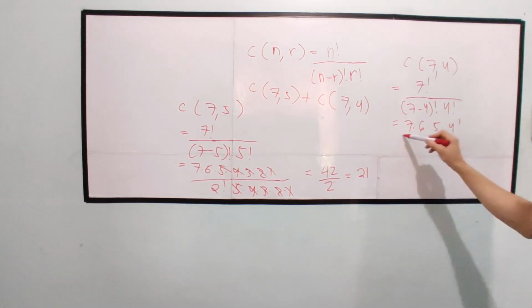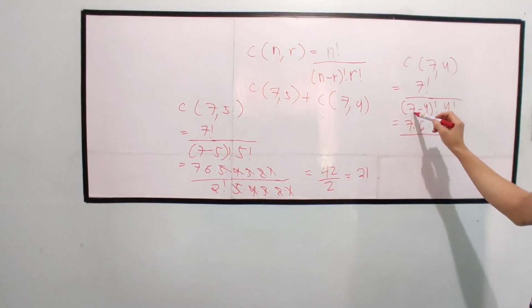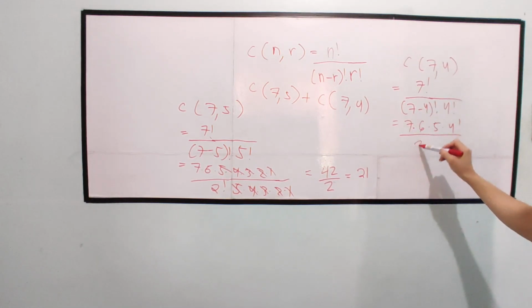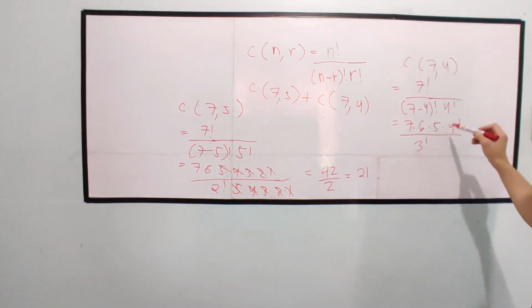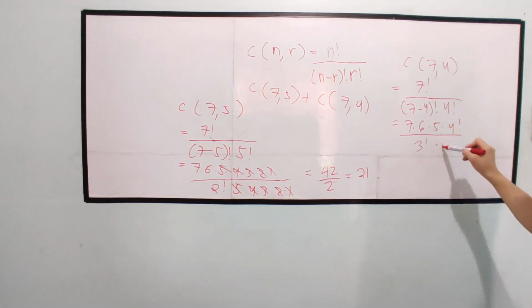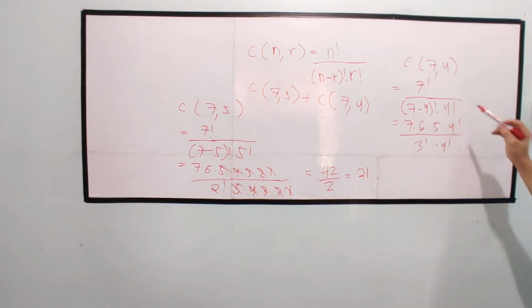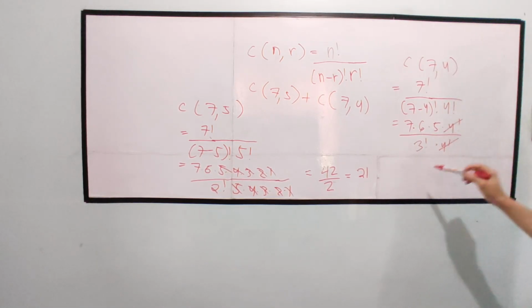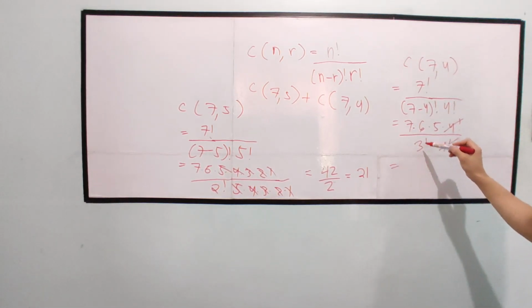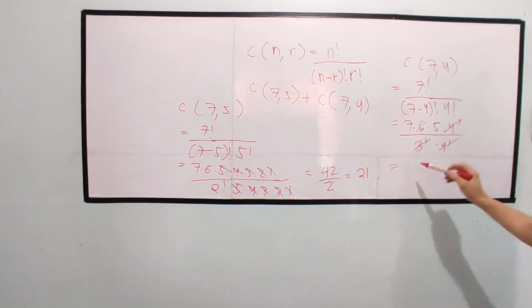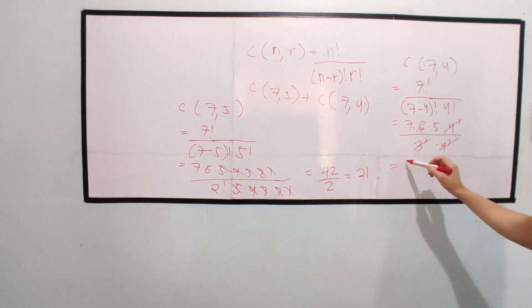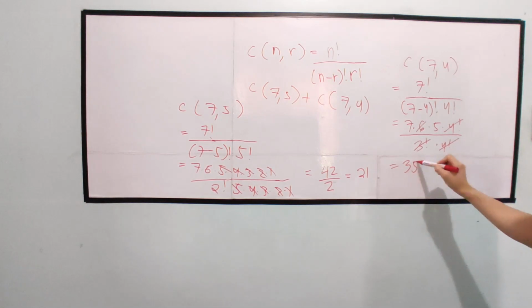So, stop na tayo sa 4 factorial. 7 minus 4 is 3 factorial times 4 factorial. So, nag-stop na tayo kanina kasi may 4 factorial tayo sa ating denominator. So, cancel lang yan. Now, 3 factorial is 6. So, cancel na natin tong 6 and 3 factorial. So, matitira na lang is 7 times 5 which is 35.